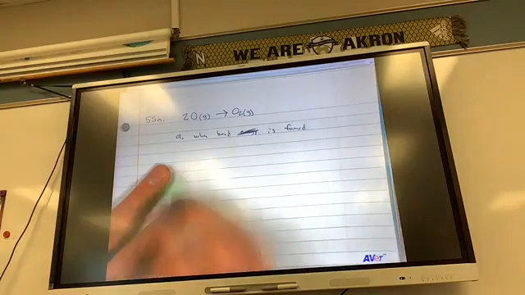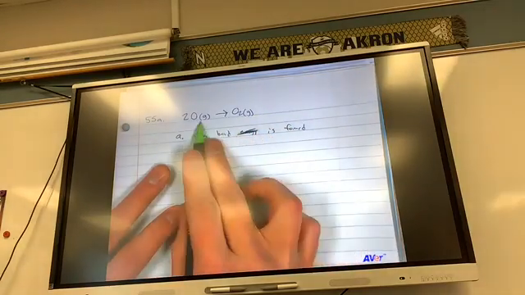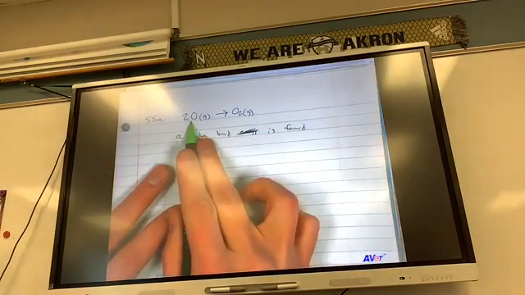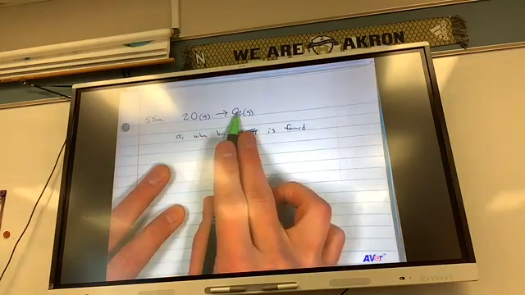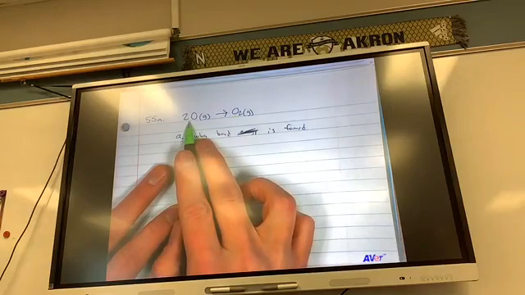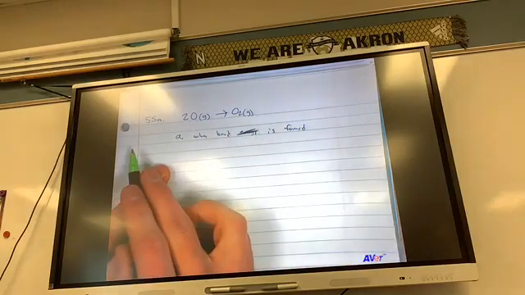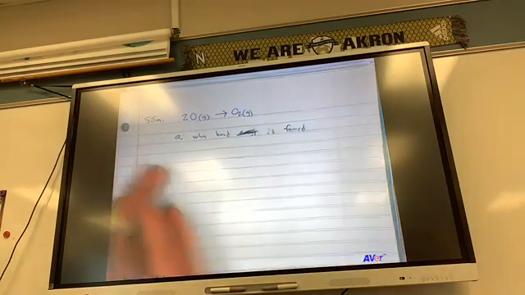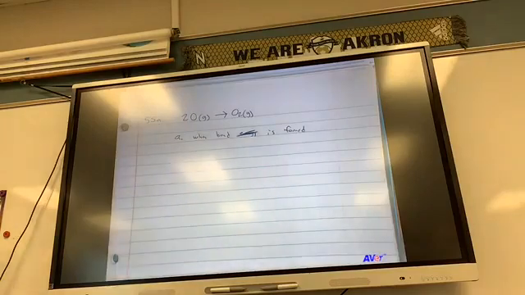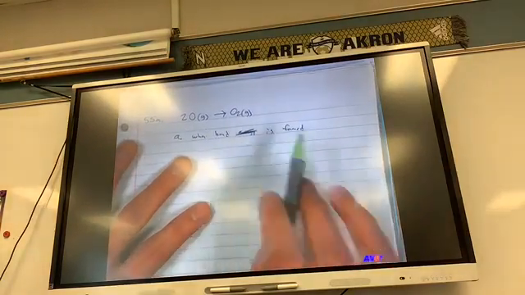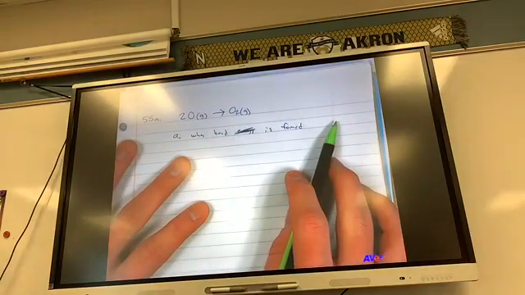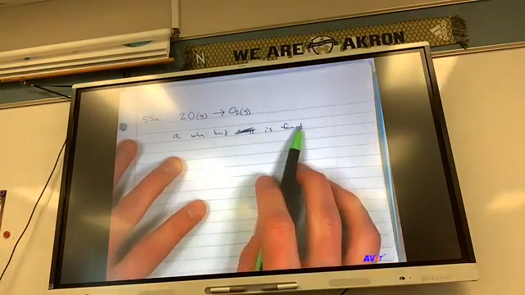Because you would agree, I formed a bond here. I had two individual molecules of oxygen, and then I bonded it into one molecule of oxygen. Maybe in some atmospheric stuff when they're doing ozone, this could be an intermediate. So when a bond is formed, what happens to energy?